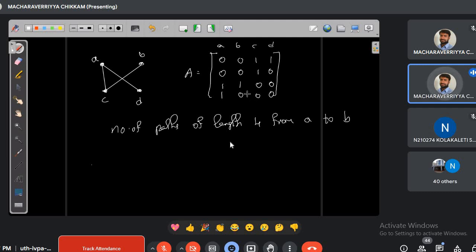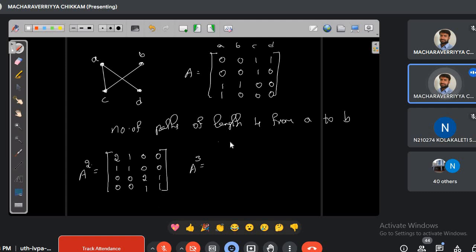Okay, so this is the matrix A. Now we need to find A power 4. So let's quickly write what A square is. A square is 2, 1, 0, 0. And the next one is 1, 1, 0, 0. 0, 0, 2, 1, 0, 0, 1, 1. So this is A square.